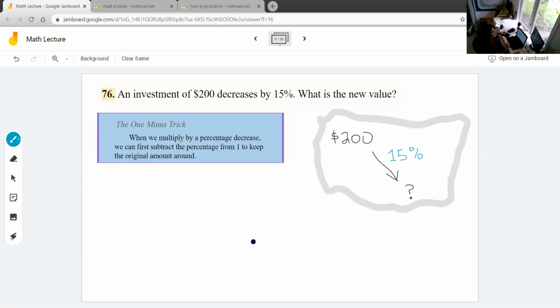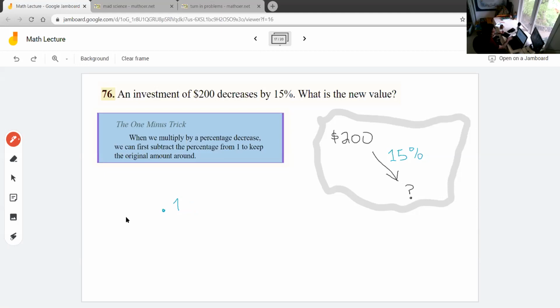Don't start writing yet. I'm going to erase in a moment. If I have my 0.15, that's sort of what I would like to do, and I put a 1 in front of it, we know what's going to happen. That means go up by 15%. That's the wrong thing. So we don't want 0.15 more than 1. We want 0.15 less than 1.